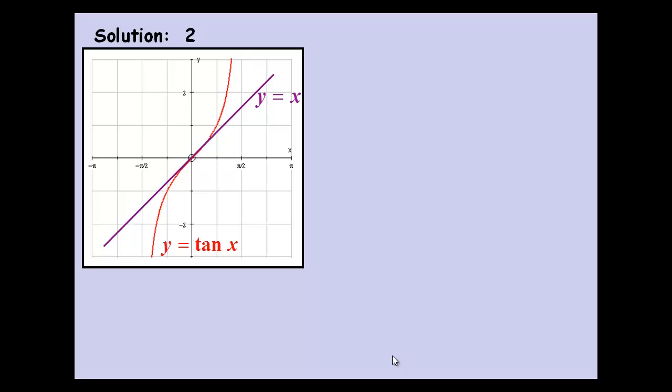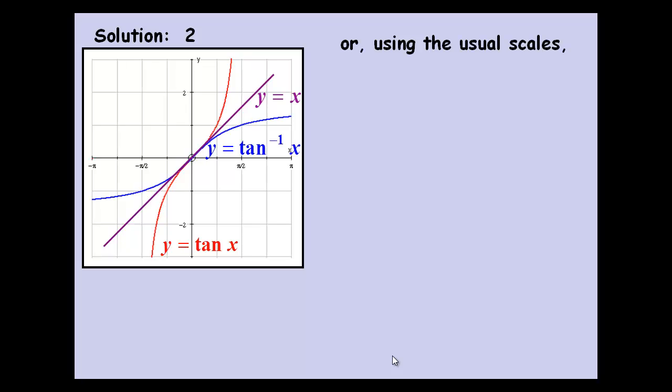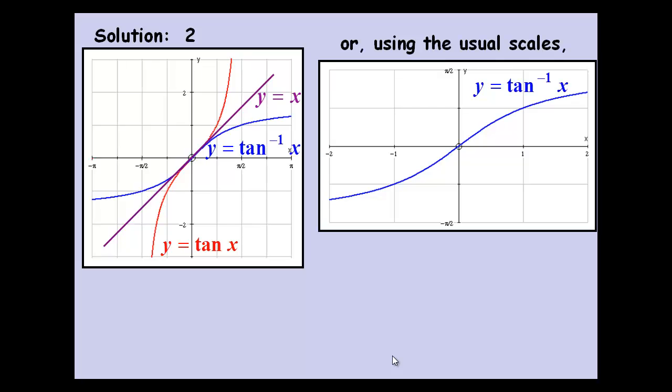Tan graph looks like that, and your knowledge of the asymptotes should tell you, well, we know for the tan graph we have asymptotes at -π/2 and π/2, so we can see here that at y equals π/2 and y equals -π/2 we have asymptotes.